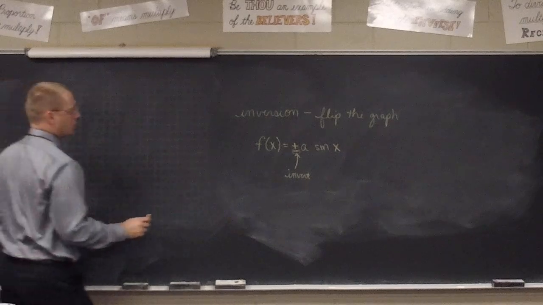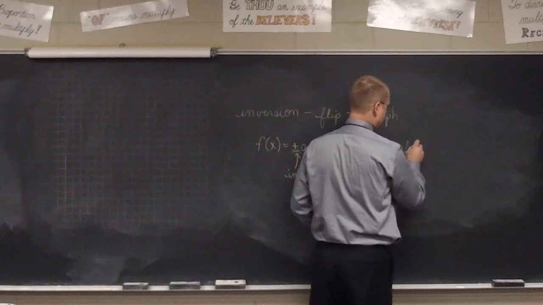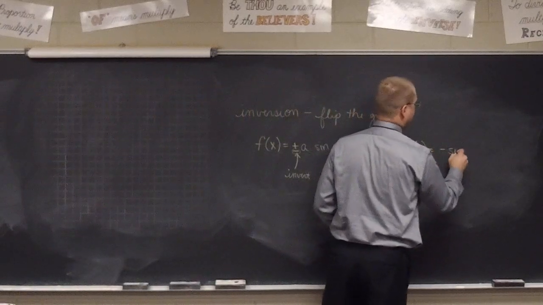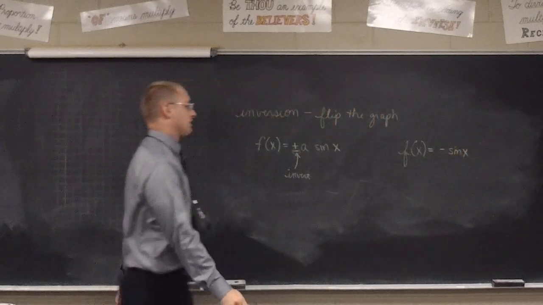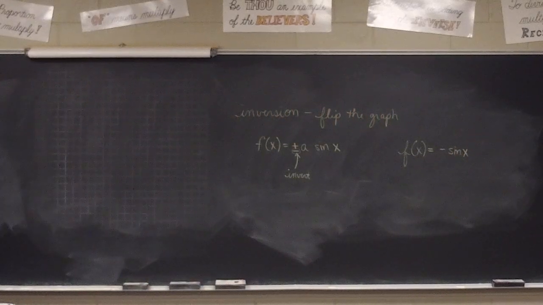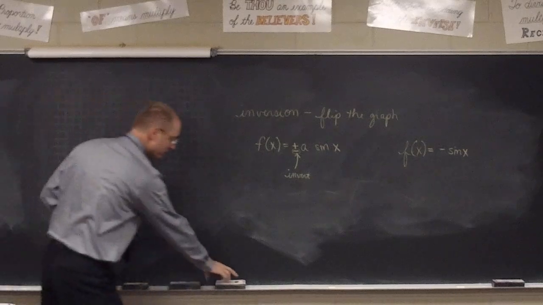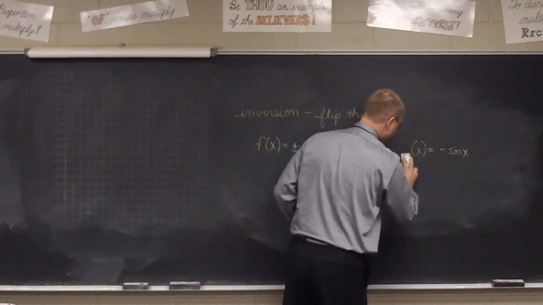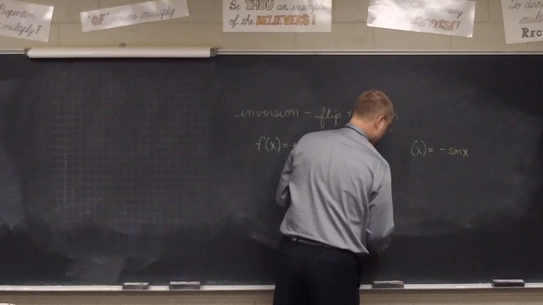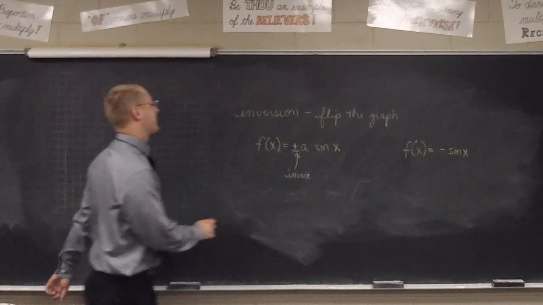All right, so let's take just a basic function, f of x equals negative sine x. I don't know why I randomly did a cursive f right there. Math doesn't use cursive. f of x equals negative sine x.